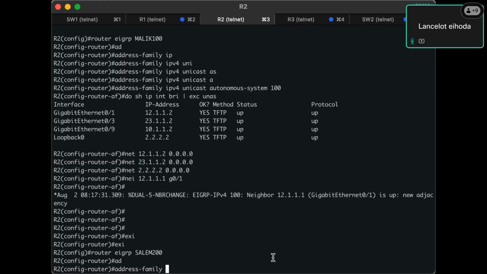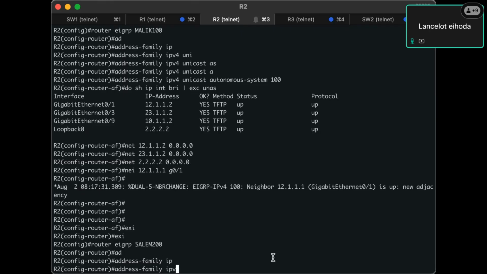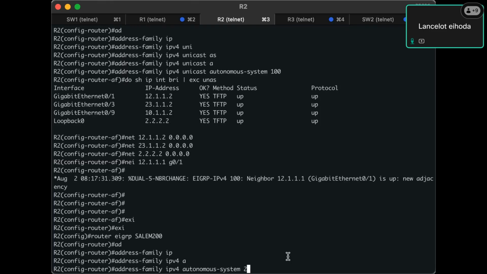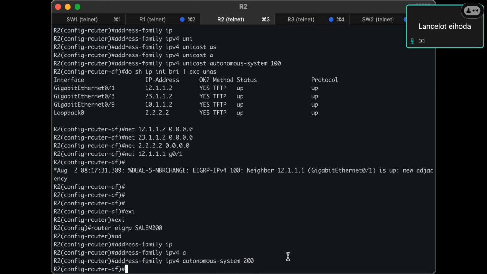So that it makes it easier for us to remember the AS number we put on it. And that address family is IPv4, autonomous system 200, and then it's advertising its interface, which is 10.1.1.2.